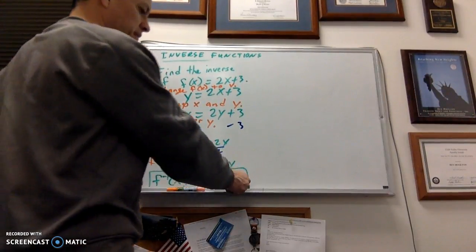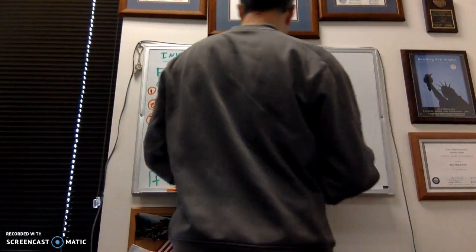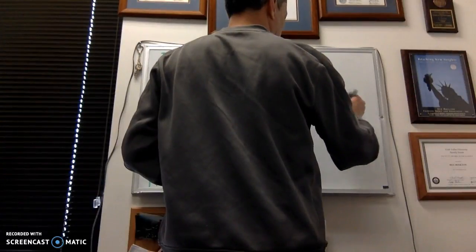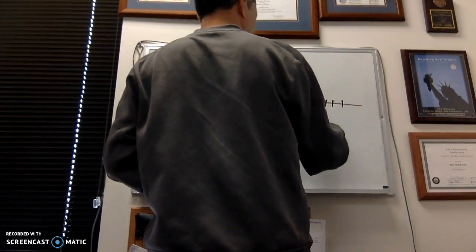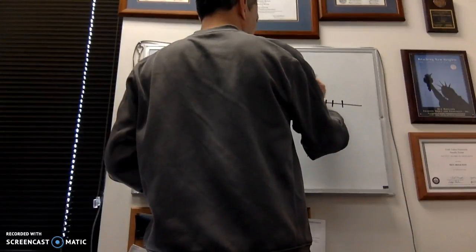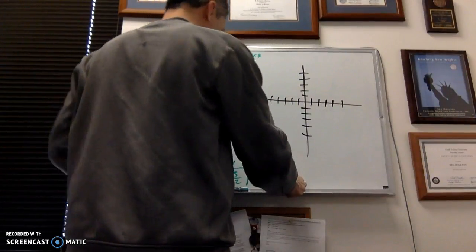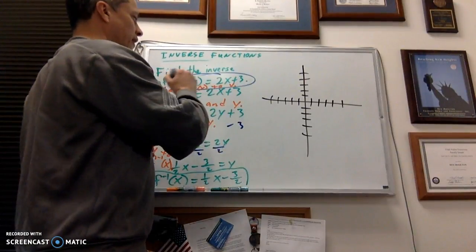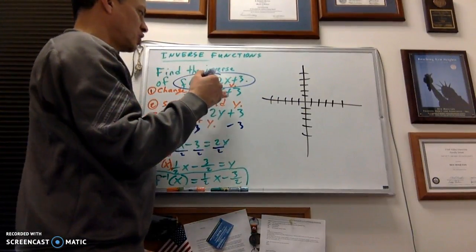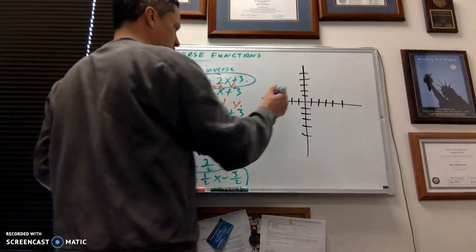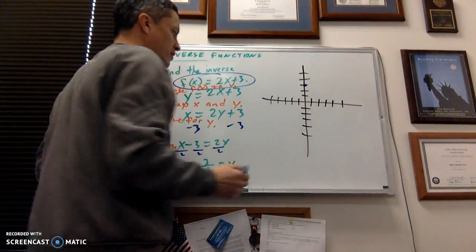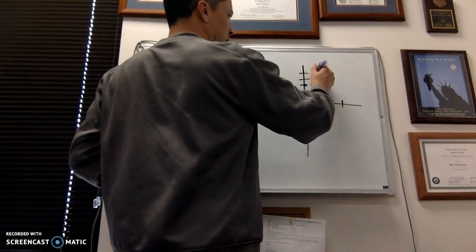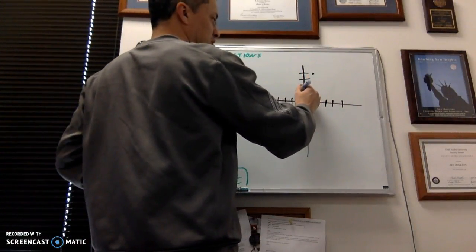So what I'm going to do for this problem is graph the original function. I'll do the original function in blue, okay? So y equals 2x plus 3. I've got 3 up here. That's my y-intercept. It's got a slope of 2, so I'm going to go up 2 to the right 1. I could have also gone down 2 to the left 1.